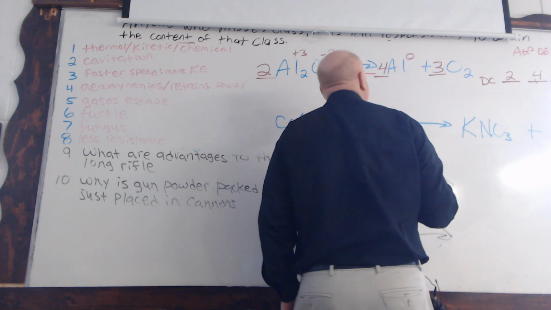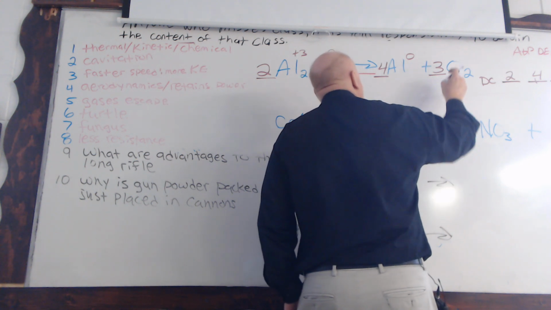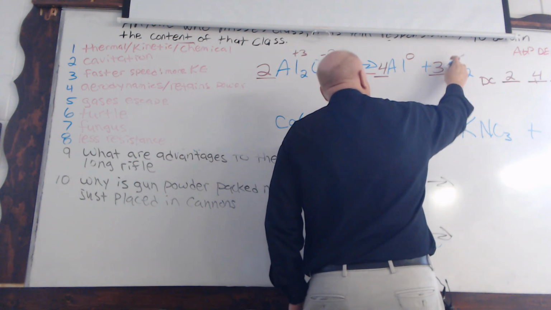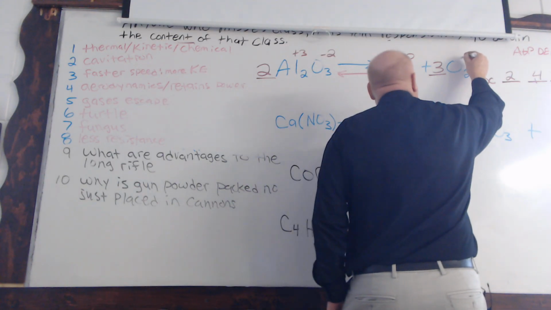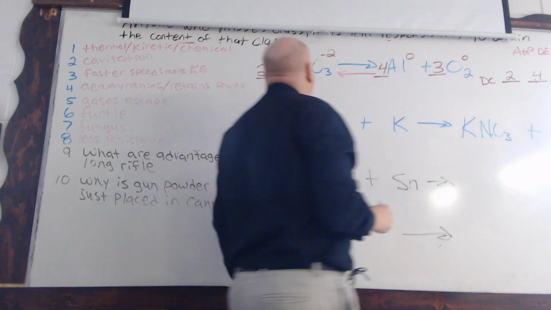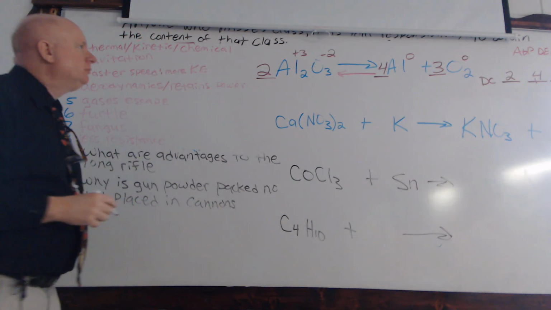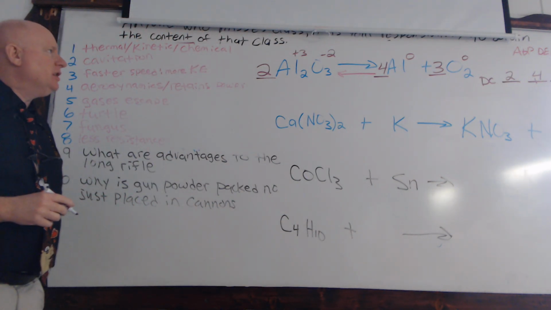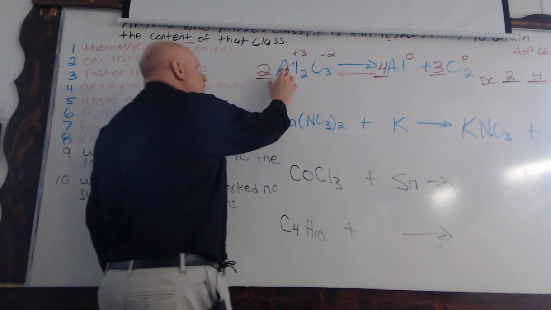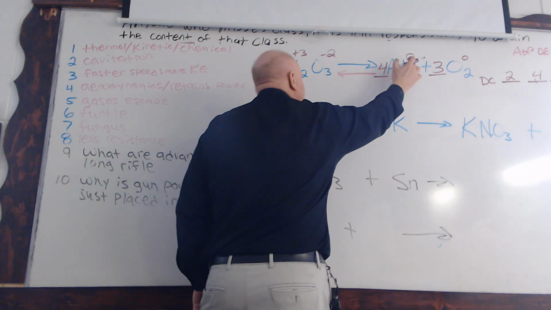Okay? And then what about this oxygen then? That's also 0. Okay? So then, when we look at the charges, what happened to the aluminum? Yes, it went from 3 to 0.